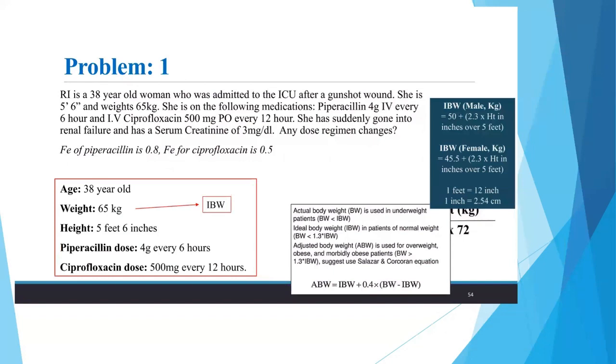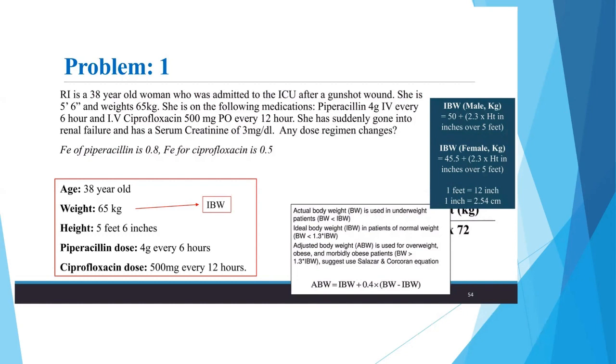Then we have to use something called the estimated body weight of the patient. The actual body weight is used in underweight patients, where the body weight is less than the ideal body weight, and the ideal body weight is used in patients of normal weight, if the body weight is less than 1.3 times the ideal body weight.